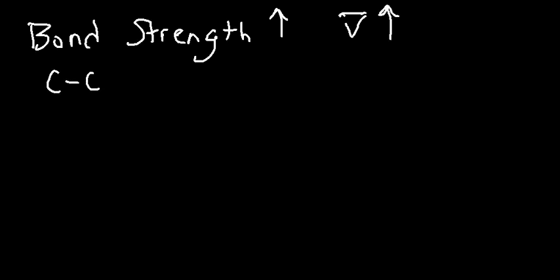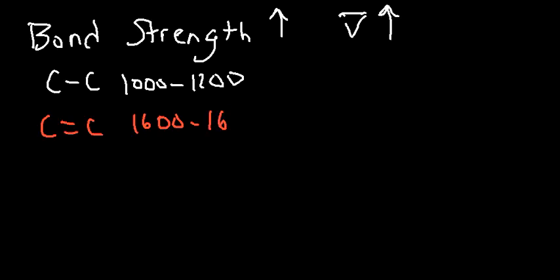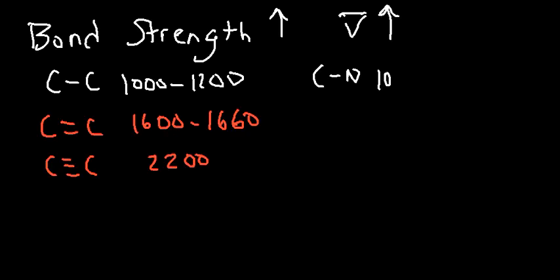So as we said, a carbon-carbon bond was around 1,000 to 1,200. A carbon double bond could be anywhere from 1600 to 1660. A carbon triple bond is usually roughly around 2200. A carbon-nitrogen single bond is around the same area, 1000 to 1200.